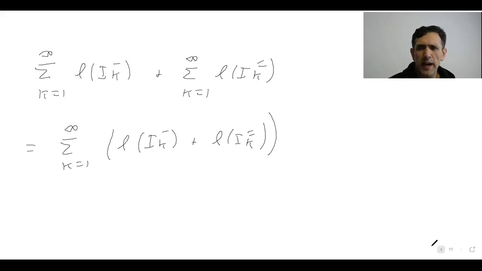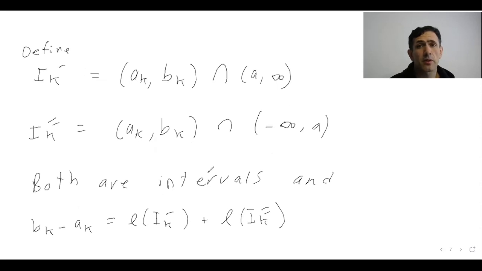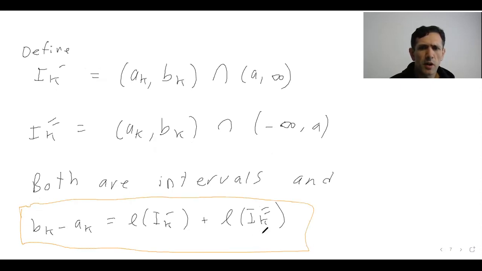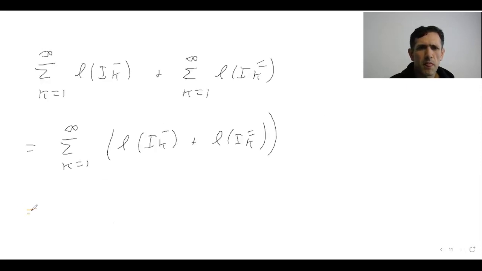Right, okay, so now let's use this fact here. I'm going to put this in orange. So the sum of these two lengths is bk minus ak. I'll leave this in orange actually, because that's exactly what I'm doing.